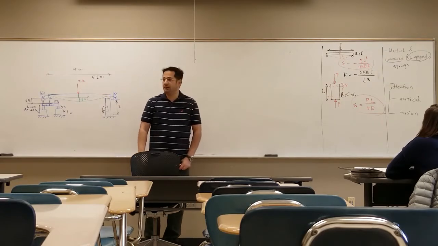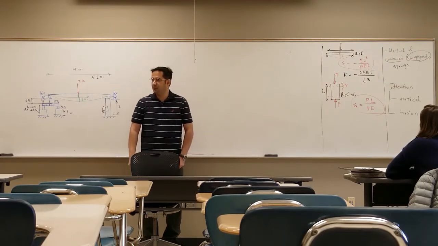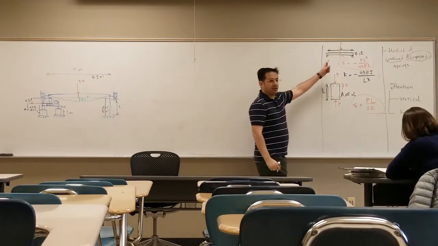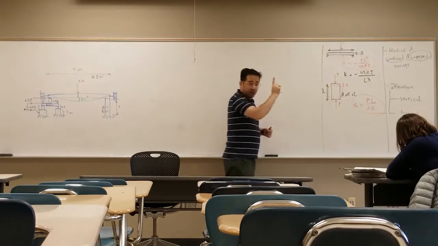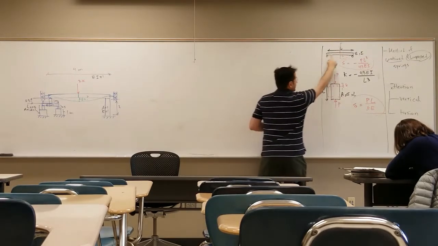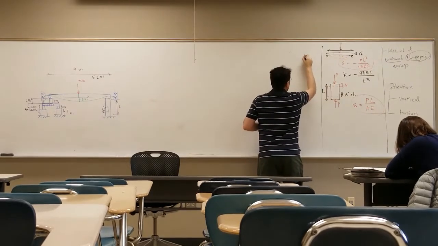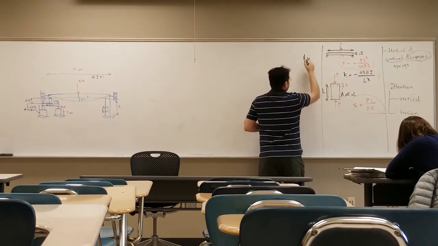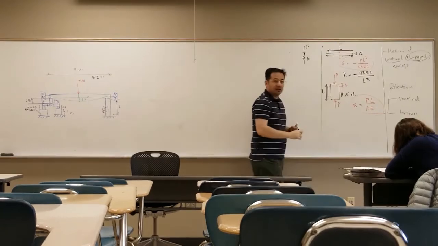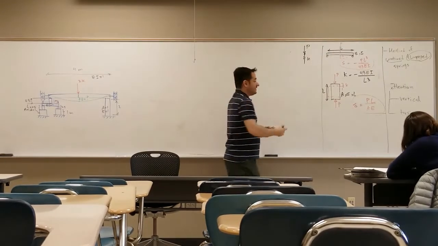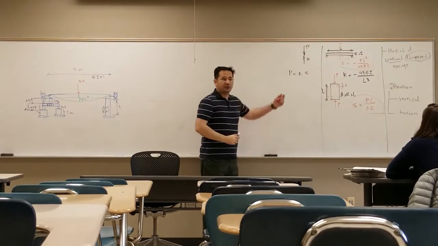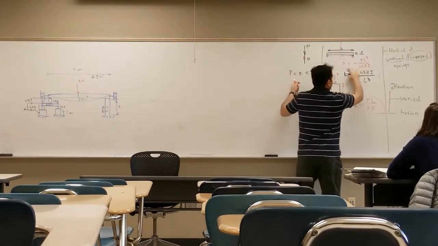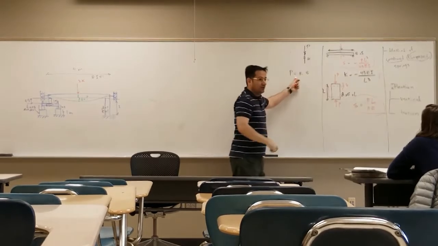How did I get that? So basically, if I replace this beam at this point with the spring, right? The point is also important. If you have this force P, it's going to have the same amount of deflection. What is that spring constant? You are saying that if I have P is equal to K delta, what is my K?